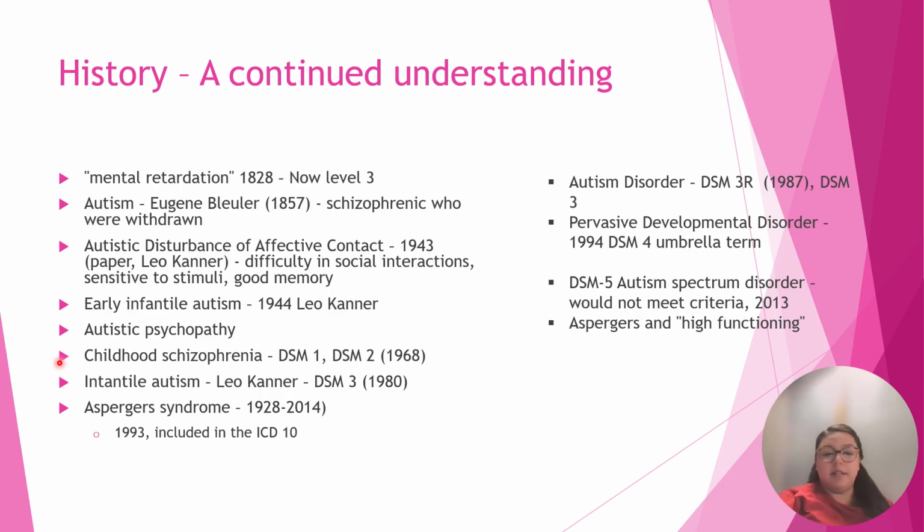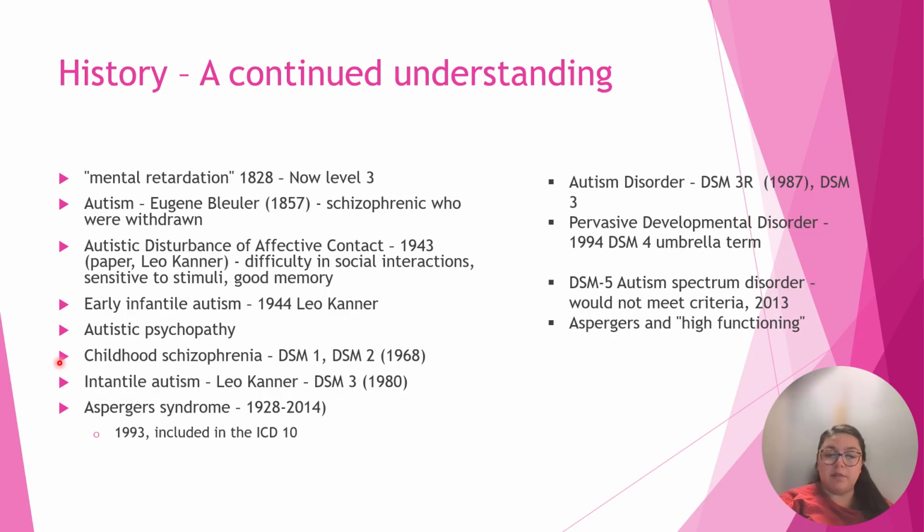Then in 1980 you have infantile autism. Asperger's syndrome is maybe what you hear the most among outdated terms, and I believe 2014 is the last time we see it.